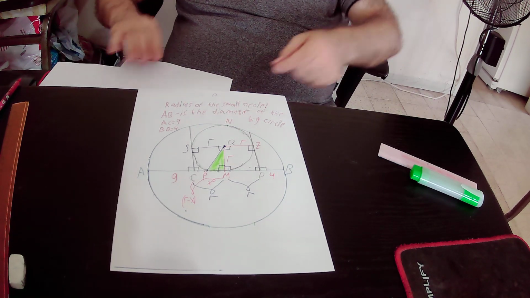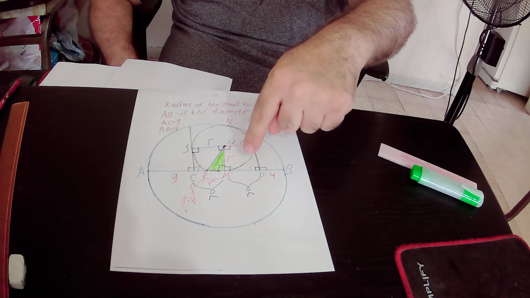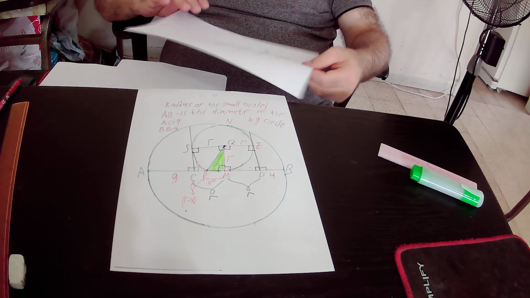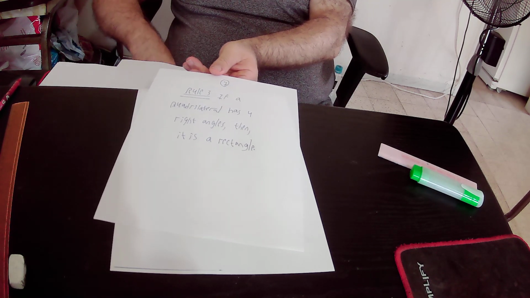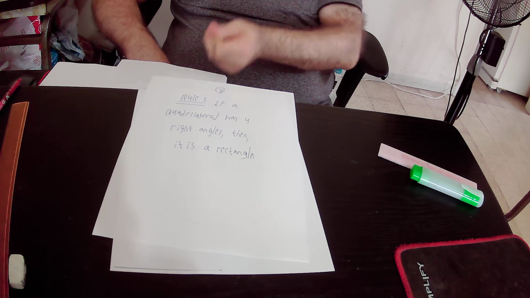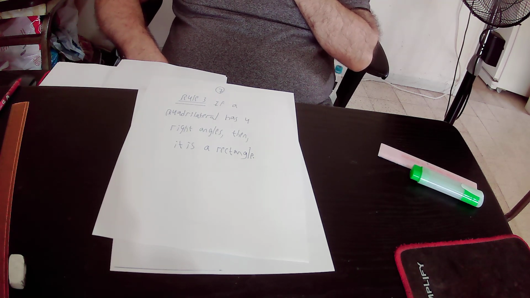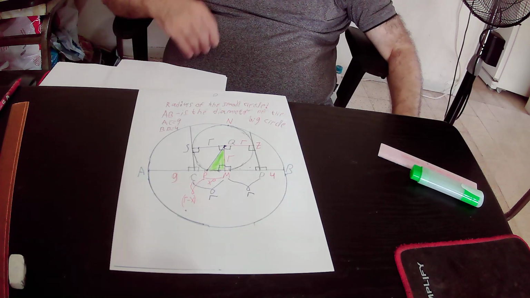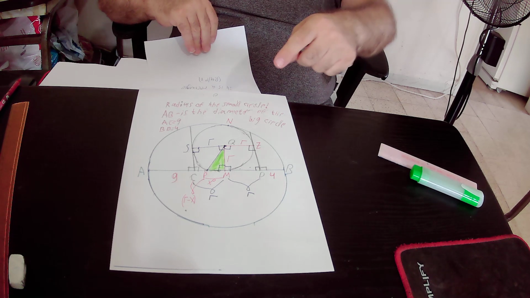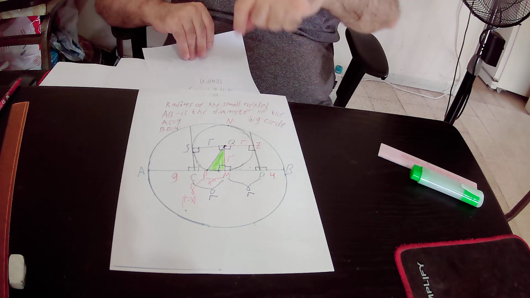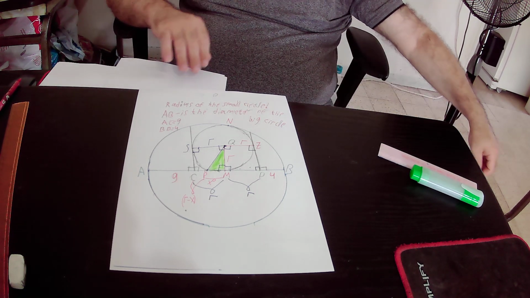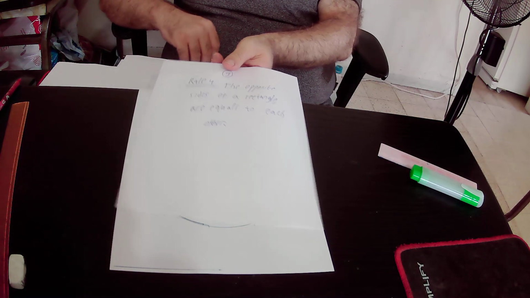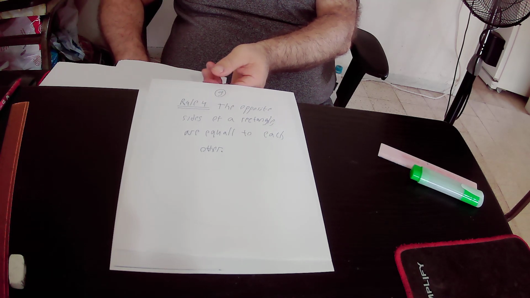This is a right angle. So actually quadrilateral QZMD has 4 right angles. And we have rule number 3 that states that if a quadrilateral has 4 right angles, then it is a rectangle. So according to rule number 3, quadrilateral QZMD is a rectangle, and we have rule number 4 that states that the opposite sides of a rectangle are equal to each other.